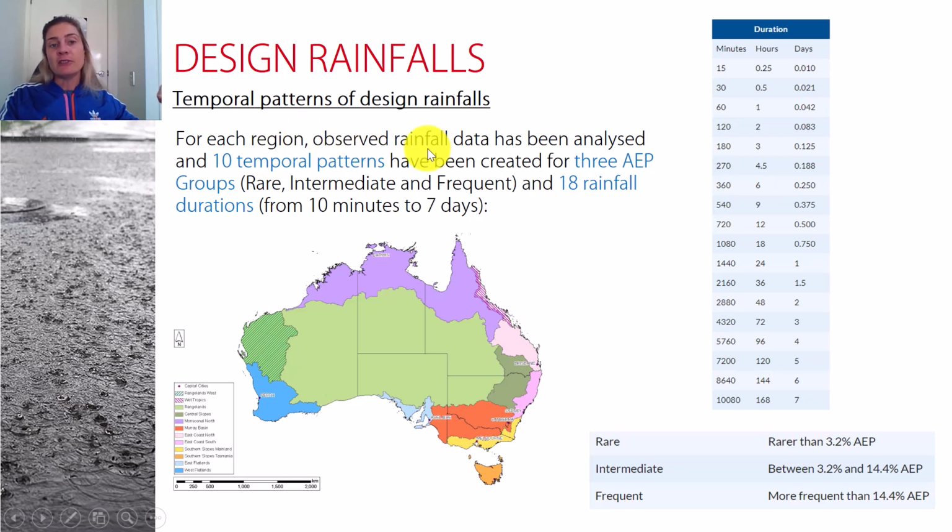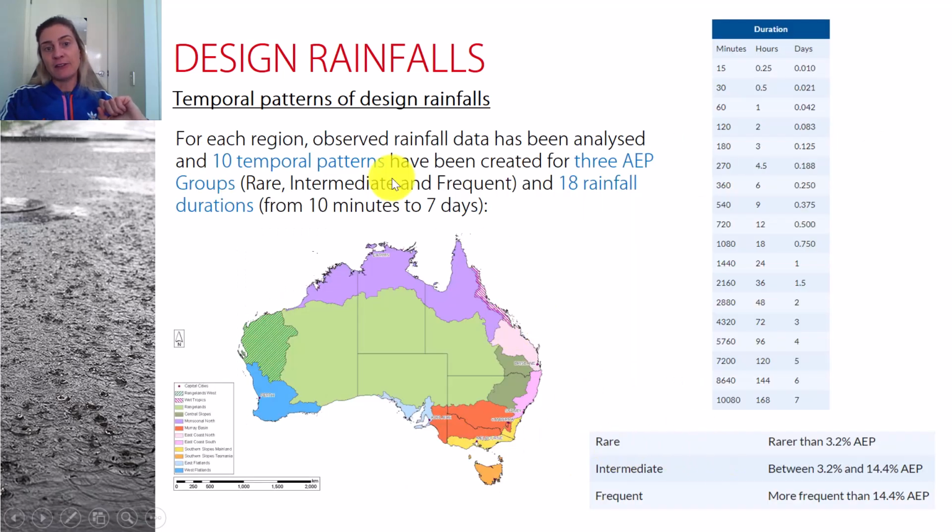For each region, observed rainfall data has been analyzed and 10 temporal patterns have been created for 3 AEP groups: rare, intermediate and frequent design rainfalls, and using 18 rainfall durations ranging from, actually, this is incorrect, it's actually from 10 minutes to 10,080 minutes, okay, which is 7 days.